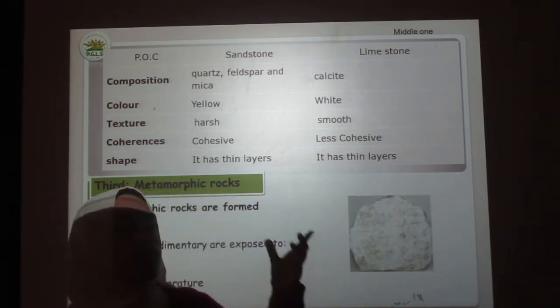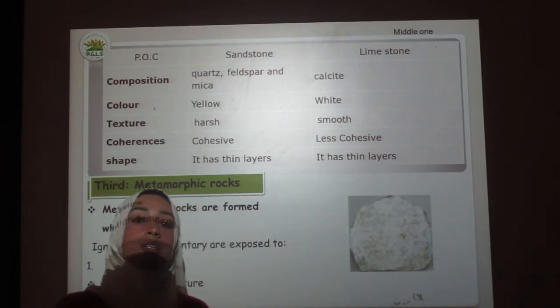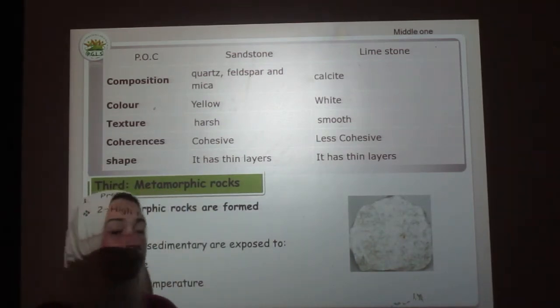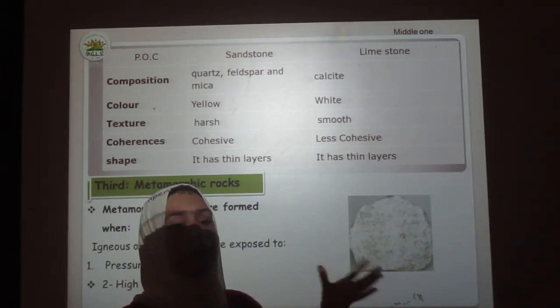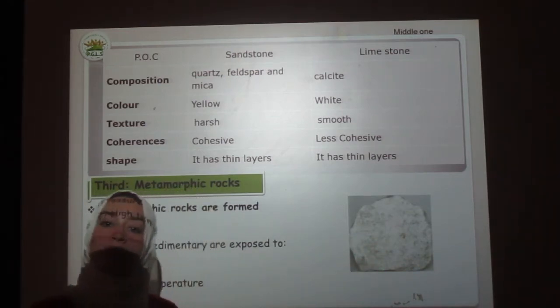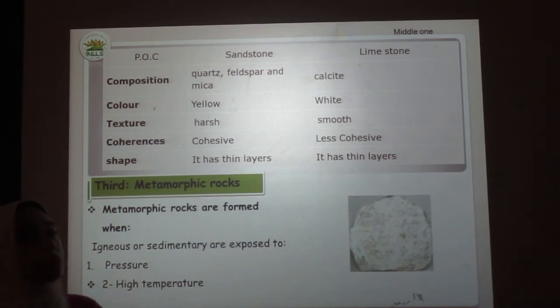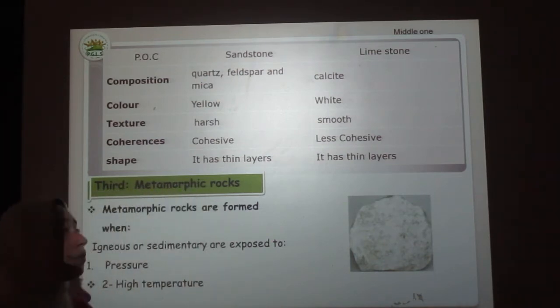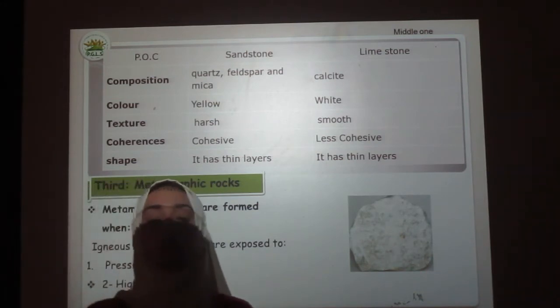The example of plutonic rocks is granite, while the example of volcanic rocks is basalt. And we said that granite consists of quartz, mica, and feldspar, while basalt consists of olivine, pyroxene, and feldspar.